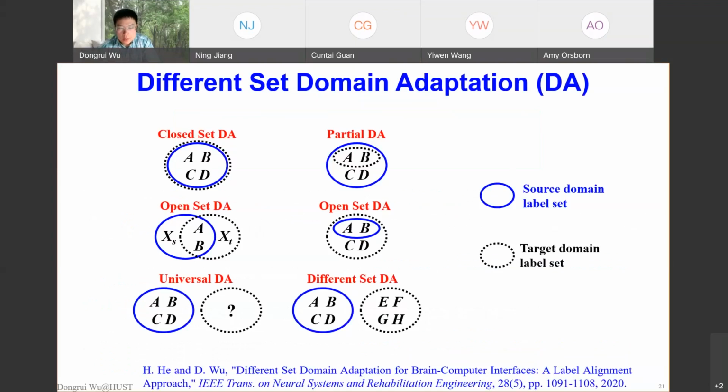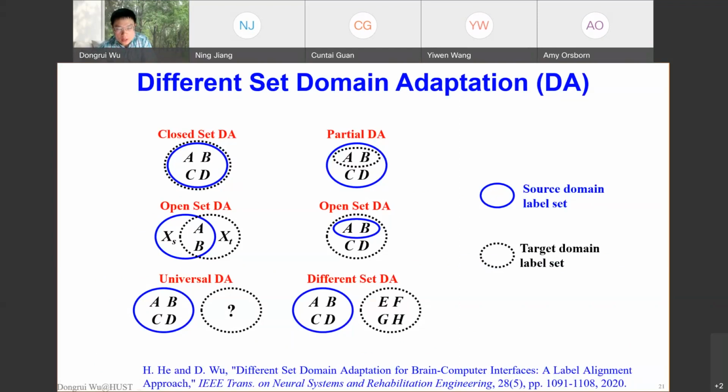In this paper, we propose label alignment for different set domain adaptation. Different set domain adaptation is illustrated here. It means that we have 2 domains, source domain and target domain, but the classes in the source domain may be completely different from those in the target domain.